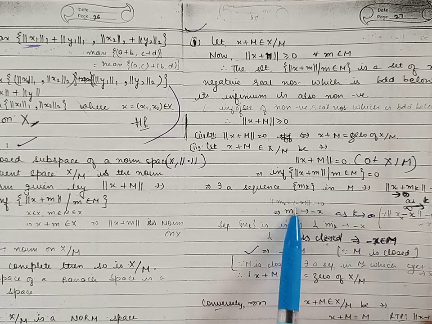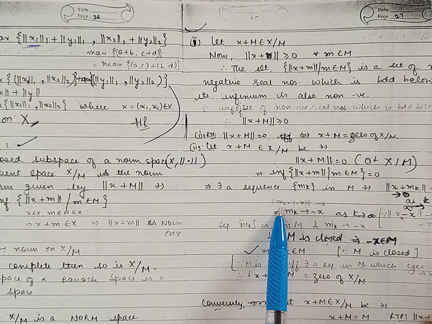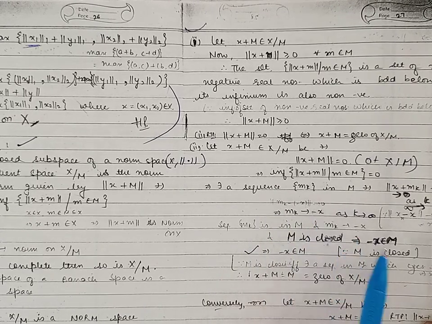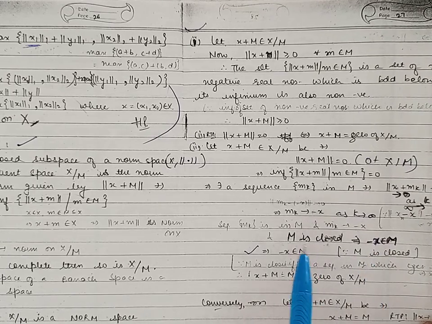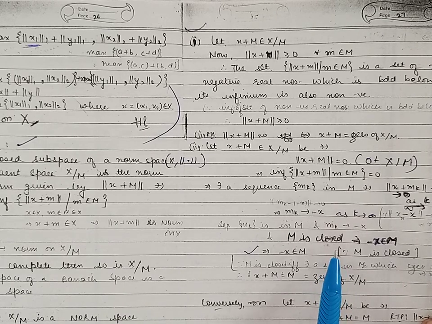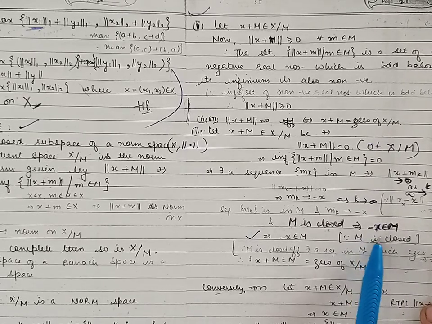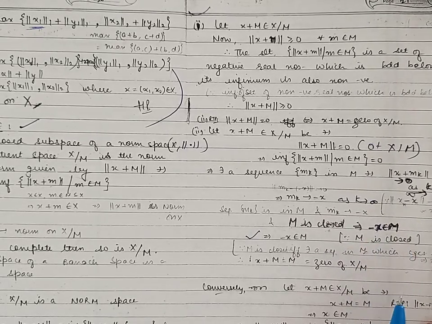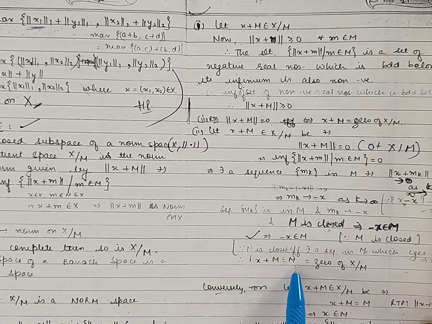Now because this is a sequence in M and M is closed, this element minus x will again belong to M. Because the set is closed, if and only if there exists a sequence which converges to x, then x belongs to the same set M. So we can say that minus x belongs to M. So we have proved that x plus M is equal to M.